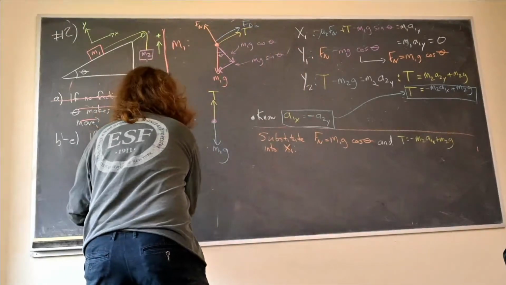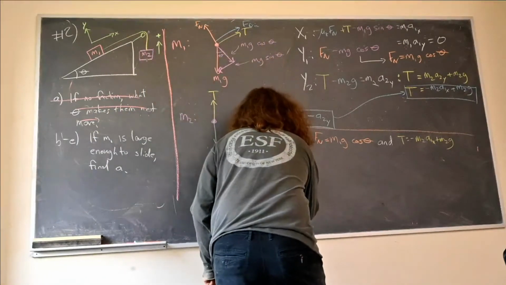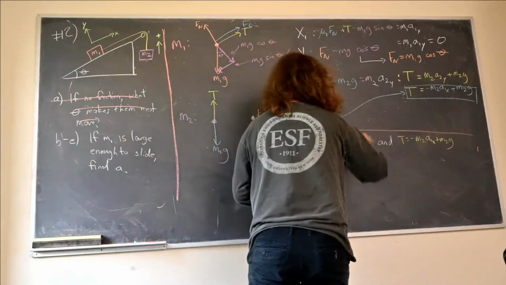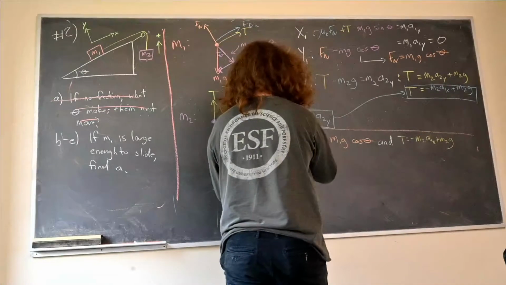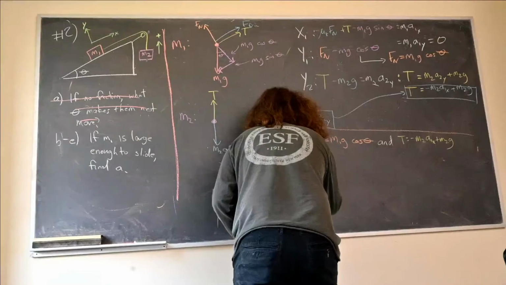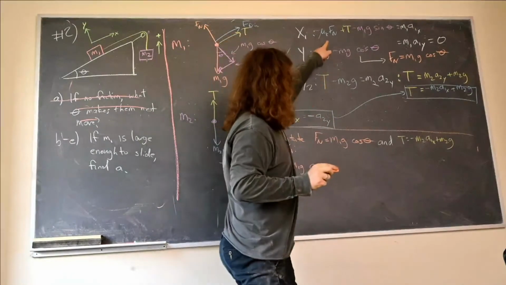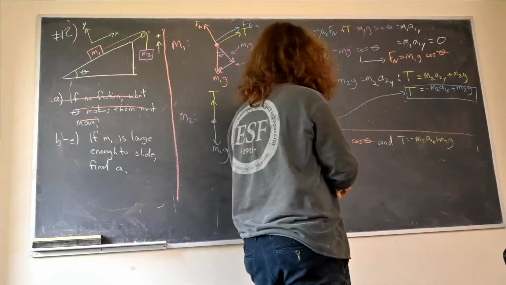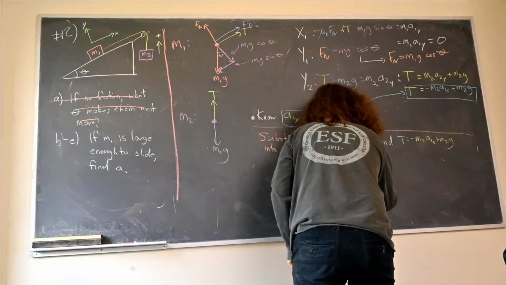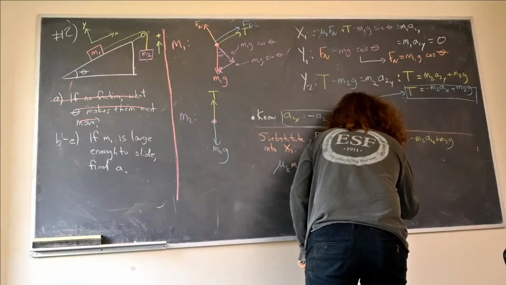So the friction term, I have mu k, and then I put in the normal force, so mu k times m1g cosine theta, so that's kinetic friction. Then I have the tension piece, so minus m2a1x plus m2g.